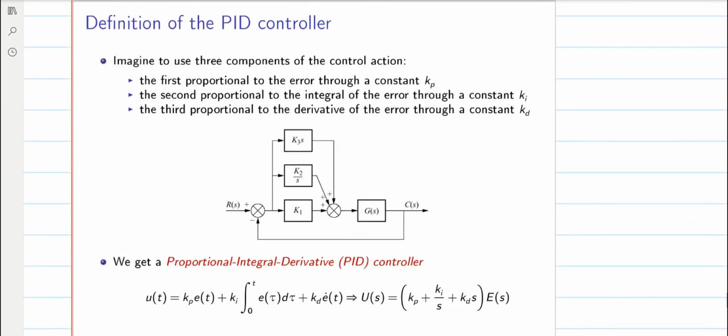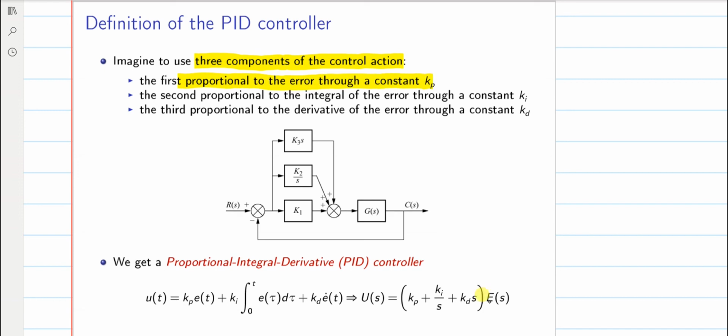Here we have the definition of the PID controller. The PID controller will have three components of the control action. The first one will be proportional to the error through a constant Kp, so that will be the proportional part.